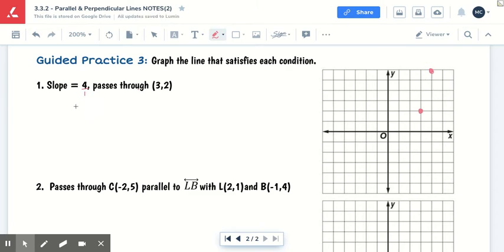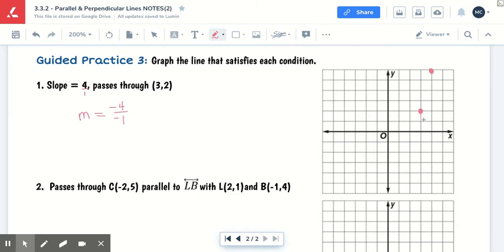Now, if I wanted to, I could also develop some more points that are on this line by making both the numerator and the denominator of this fraction negative, because a negative divided by negative is still positive. So that means I could go back to my original point there, and instead of having a vertical change of +4, I'd have a vertical change of -4.